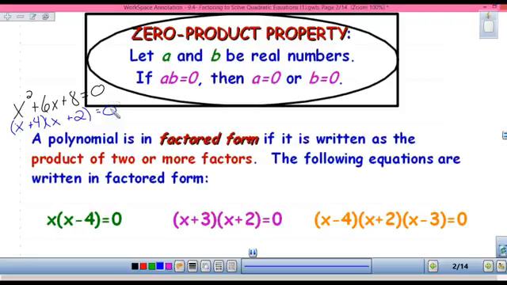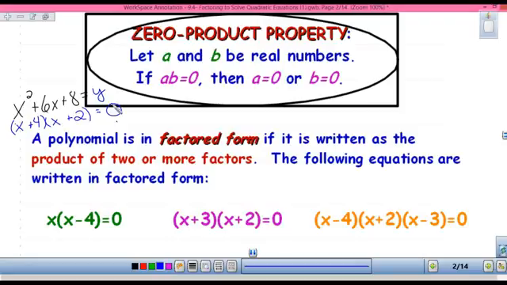If either one of these equals 0, and we're multiplying, what's the whole thing going to be? 0. Because we just talked about it. This could be y, because remember how a lot of times we see this equals y? But we want y to be 0, so we're plugging in for y and making it a 0.